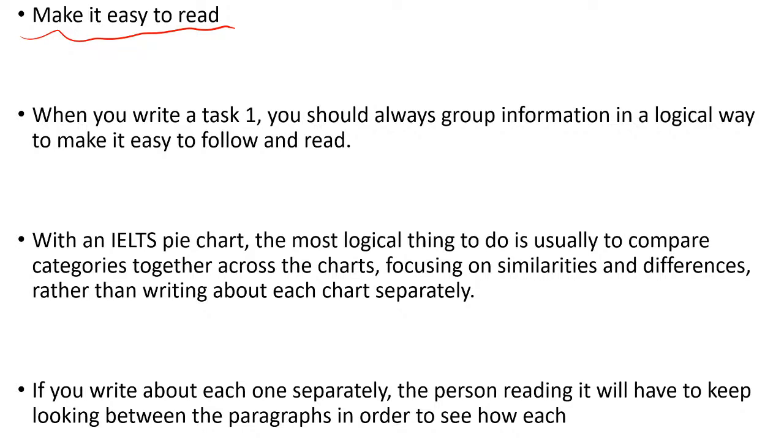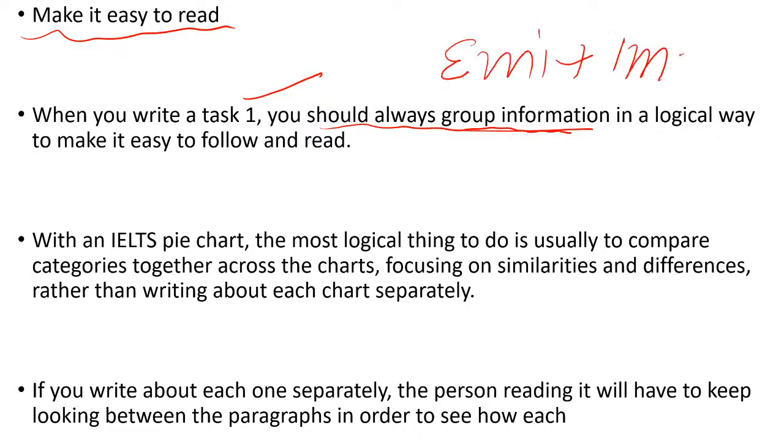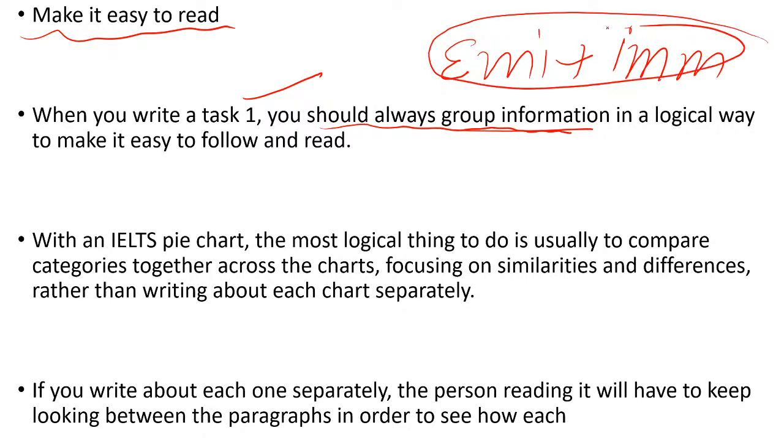When you write Task 1, you should always group information in a logical way to make it easy to follow and read, as we grouped the information on emigrants and the people who immigrated.